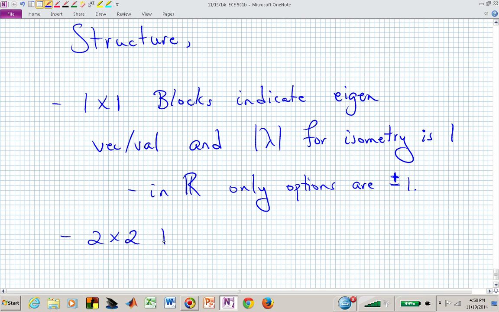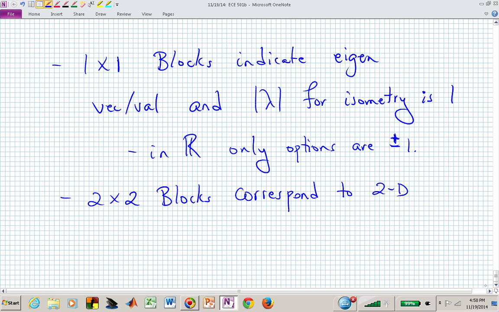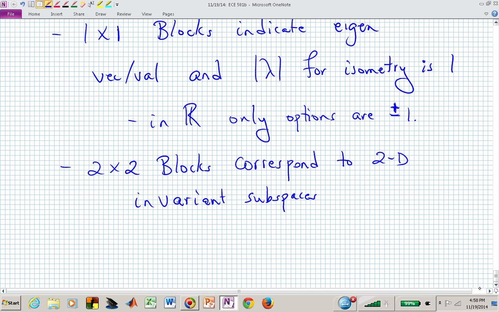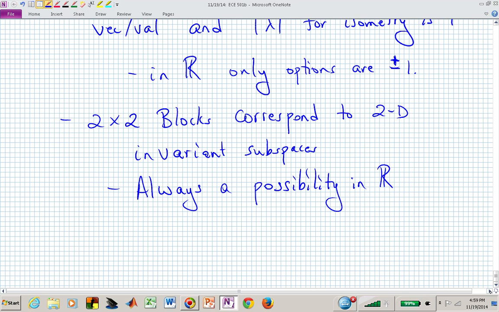For the 2 by 2 blocks, those correspond to two-dimensional or 2D invariant subspaces, where you could think of rotation. We don't have to worry about 2 by 2 blocks if we're dealing with complex inner product spaces, but it's always a possibility for real inner product spaces.